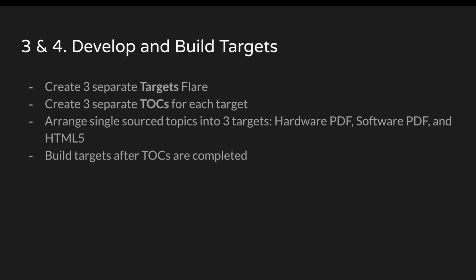Whatever topics you're including for each target, you'll arrange into each of the 3 tables of contents: one for hardware, one for software, and one for HTML5. I'll show you how to do that in a second with this screen capture.